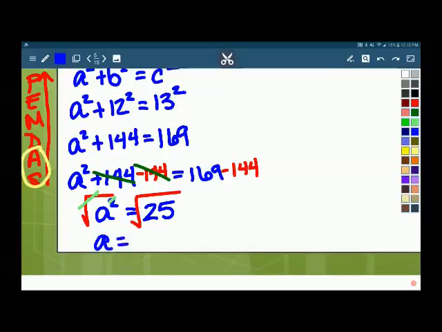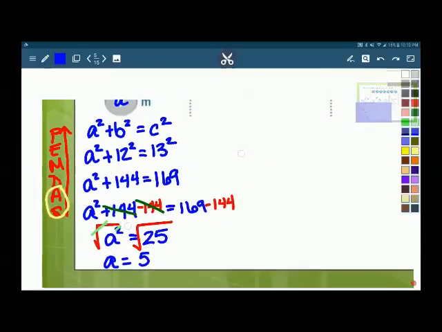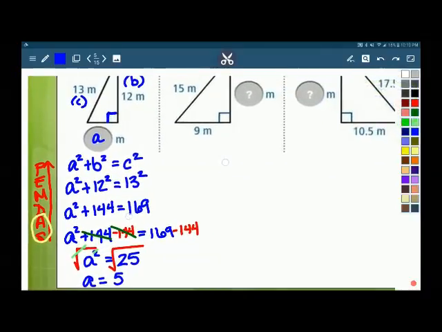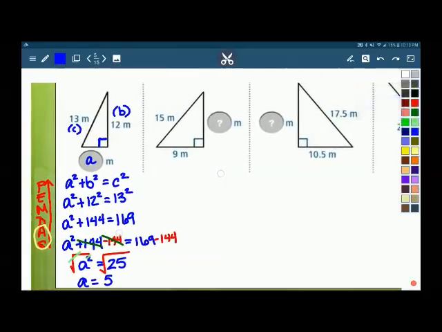During our lessons when we first learned that, we said we needed to write the plus and minus version. But since we're dealing with side lengths of a triangle, this is just going to be the positive version. So the square root of 25 is 5. That means the side length for a, and it looks like they have them in meters, is going to be 5 meters. That's our answer for that one.